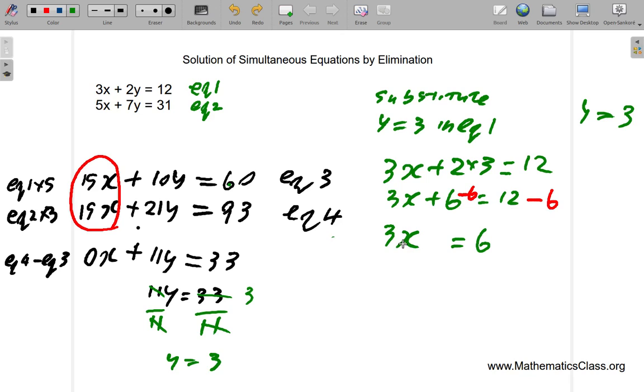Then 3 times what gives us 6? 3 times 2 gives us 6, so x must be 2. Or you could say divide by 3 to get rid of 3. You have x equals, divide by 3, 3 into 6, 2. So x equals 2, y equals 3.